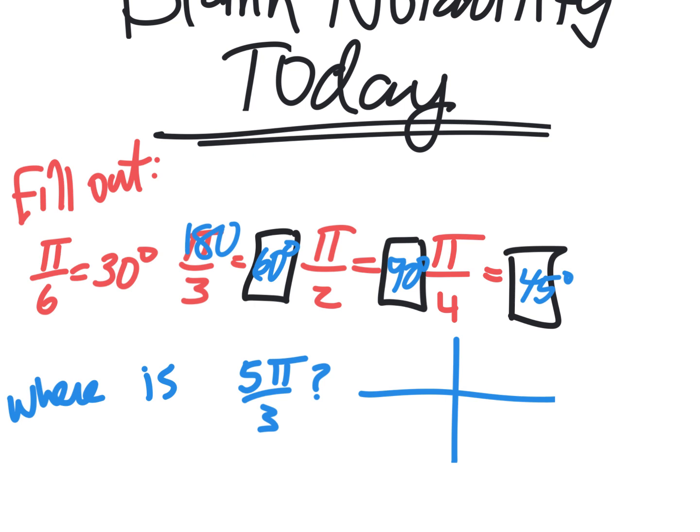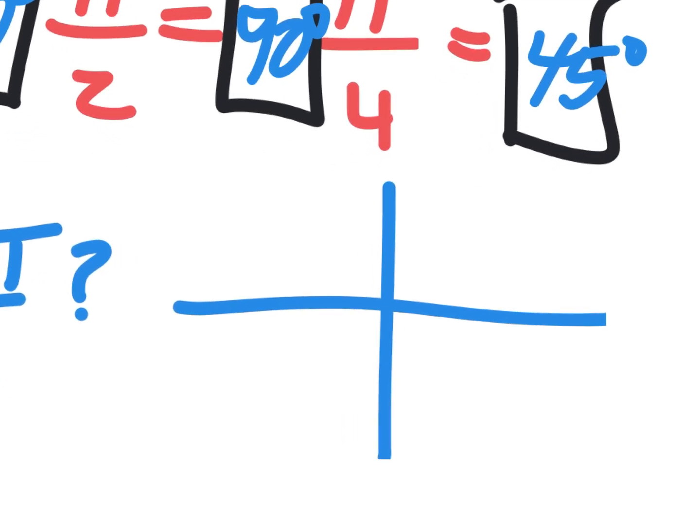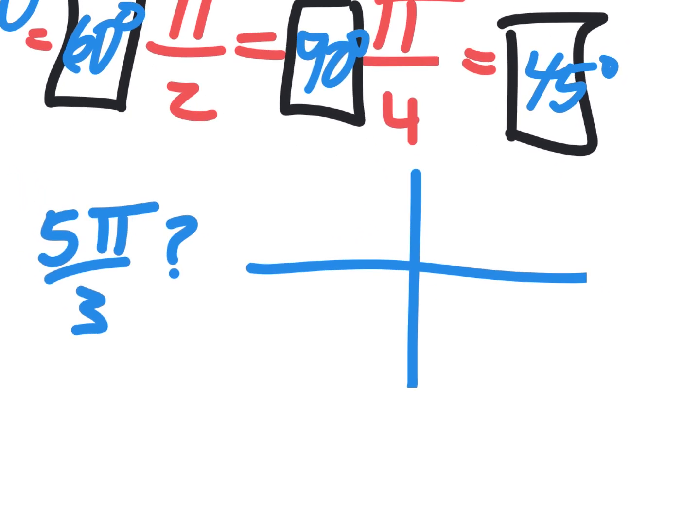Where is 5 pi over 3? When you draw a line from the center out at that angle, at that spot. Here's the process. Here's where pi is.